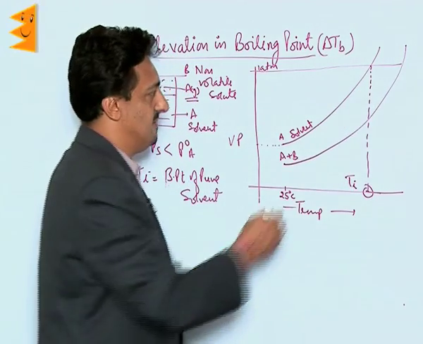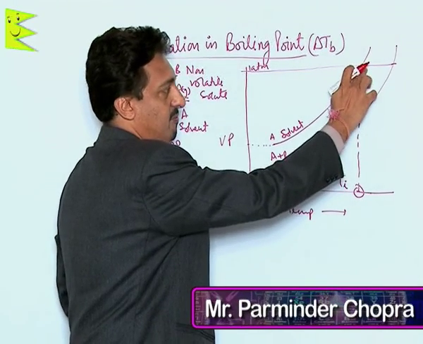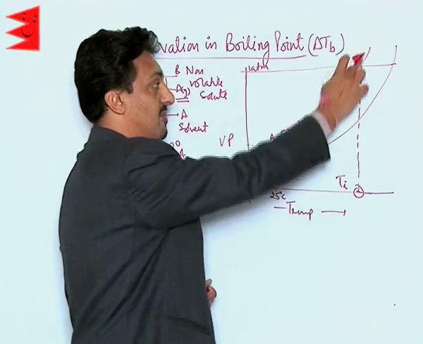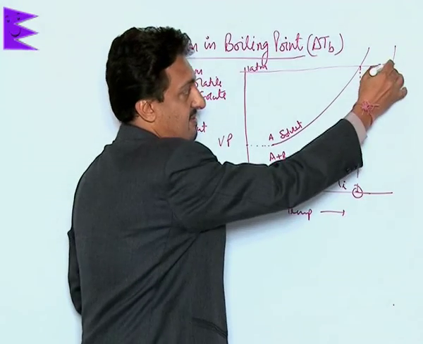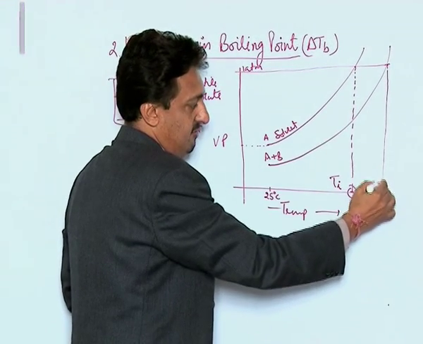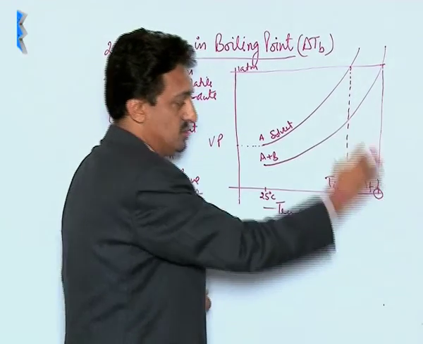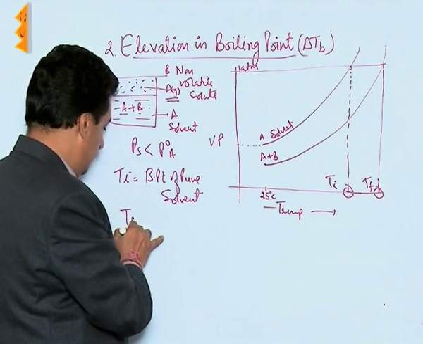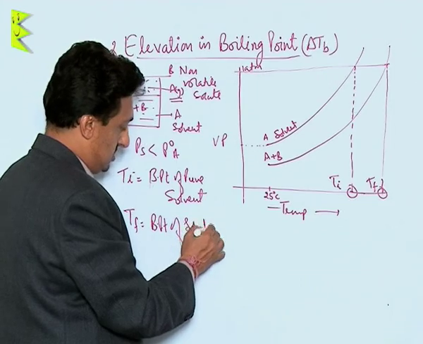You can see here the temperature at which the original solvent used to boil, the solution is not boiling. The reason is its vapor pressure is not equal to the atmospheric pressure. We need to heat it to a higher temperature. This is the point, we can drop the perpendicular, and we find the temperature at which the solution starts boiling, and we call it TF. So TF is the boiling point of solution.